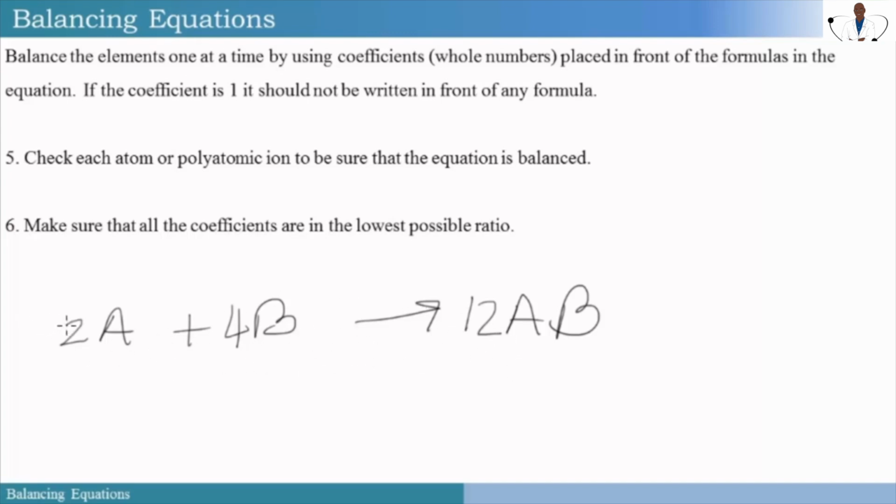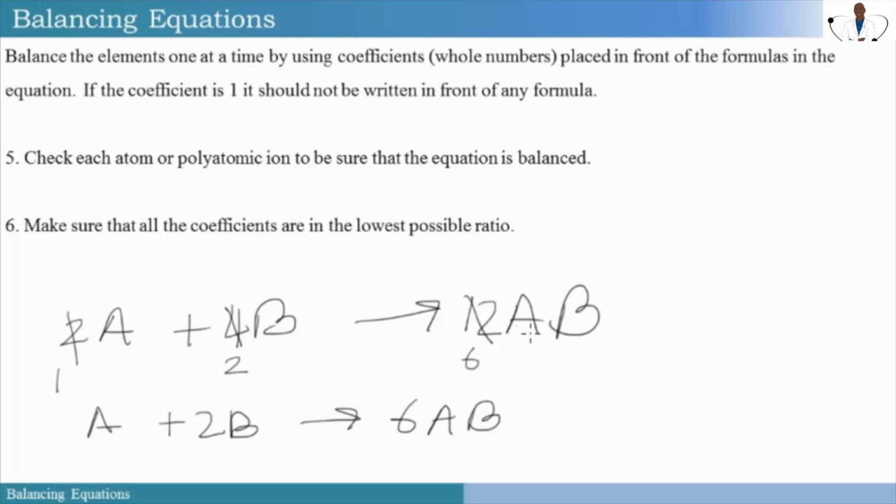So 2 divided by 2 will be 1, 4 divided by 2 will be 2, and of course 12 divided by 2 would be 6. So the correct equation that we would write would be A plus 2B to produce 6AB. Just to show you what I mean by the coefficients being in the lowest possible ratio.